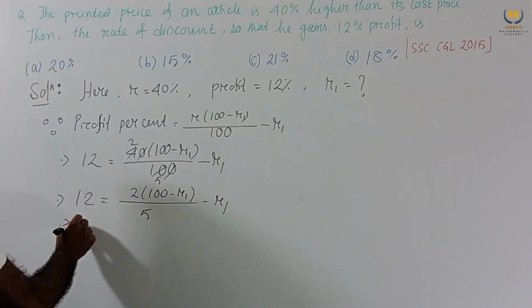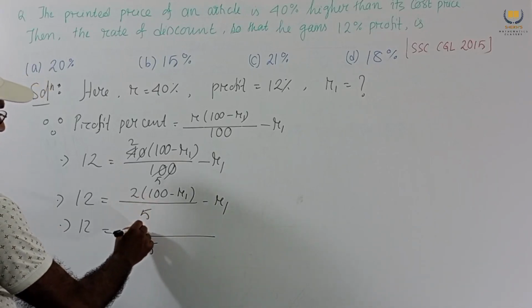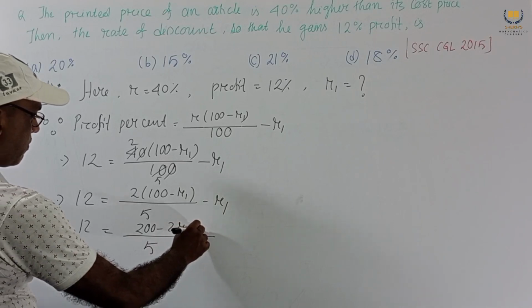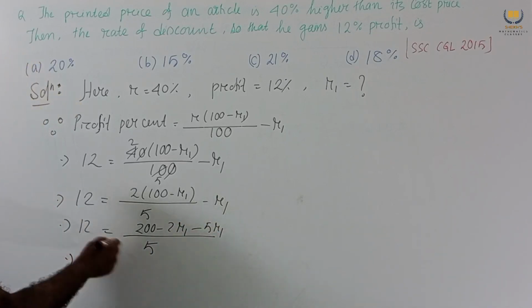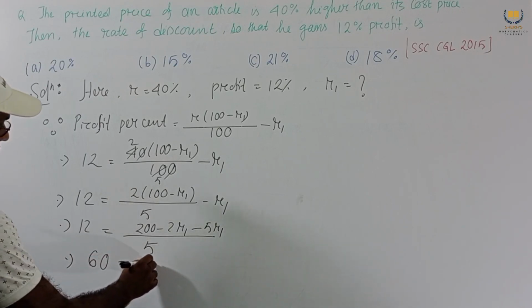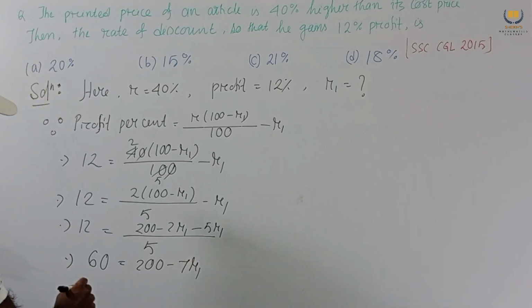So 12, 5 is the LCM, this is 200 minus 2R1 minus 5R1. Multiplying 12 on the left hand side, 60, this is 200 minus 7R1.